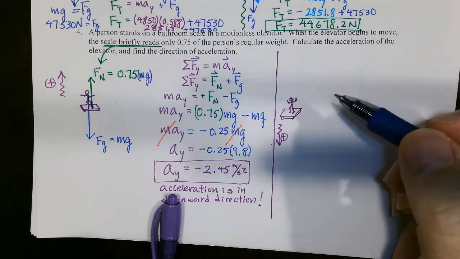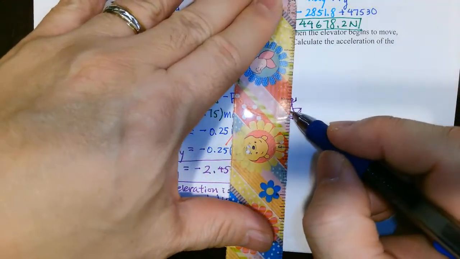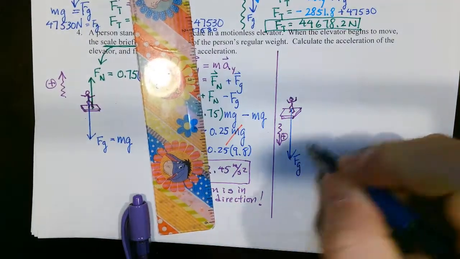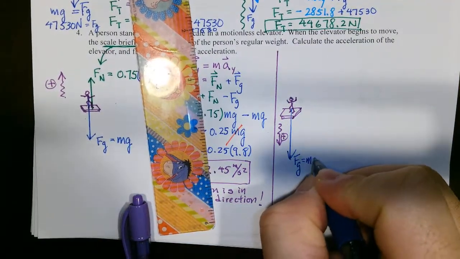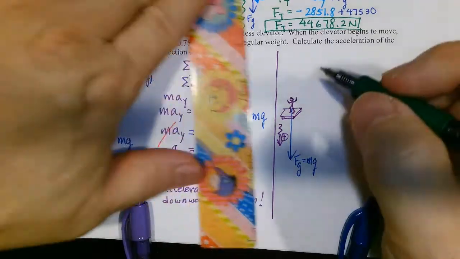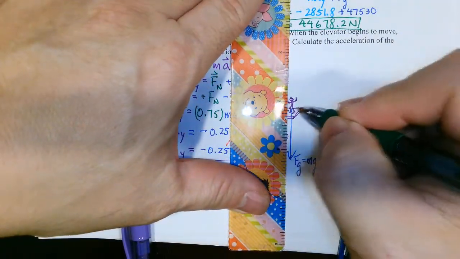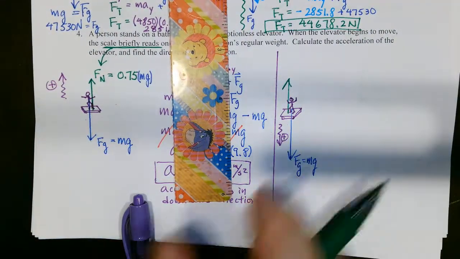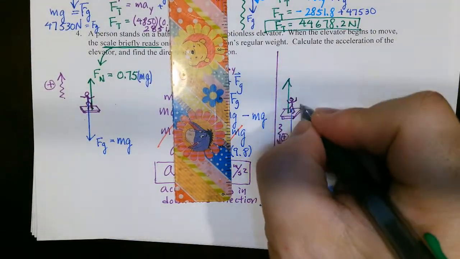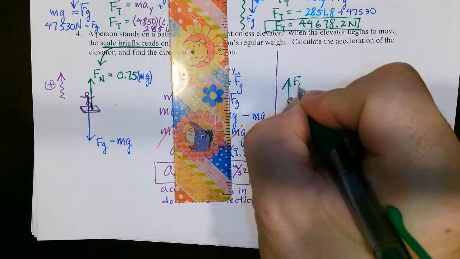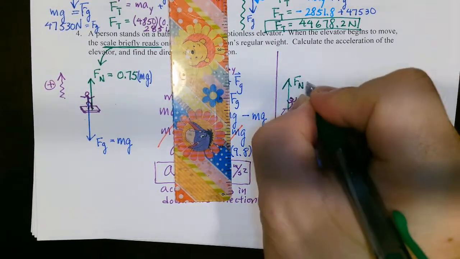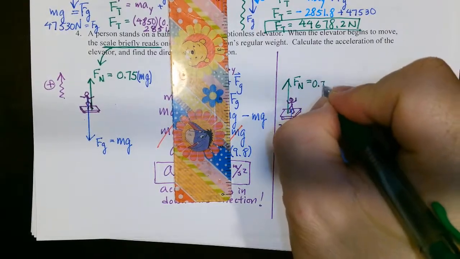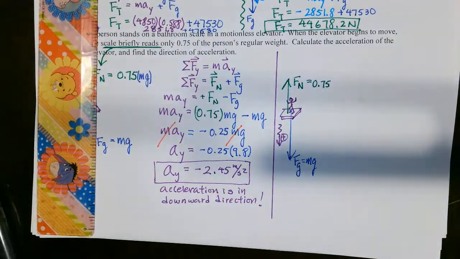All right. So here, in this case, we have Fg again, which is equal to mg. And the normal force is going to be from the floor of the, well, not the floor, but the scale, right? From the top of the scale to the person's feet, which happens to be 0.75 mg.